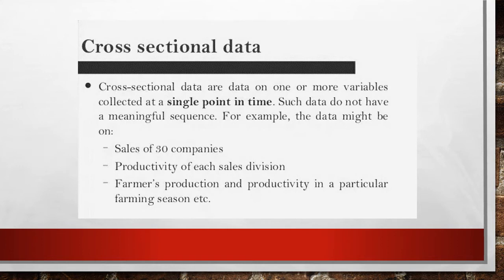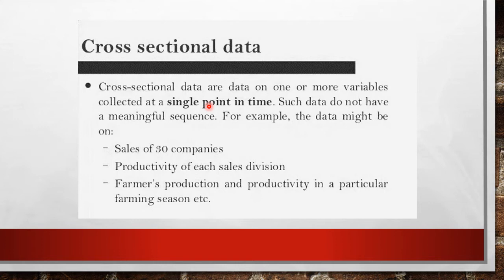We are taking the data at a single point of time. That single point may be a month, a day, an hour. We can adjust what that point is, but we are not going through time. We select a time period, and at that time we collect all the data, so we call it cross-sectional data.